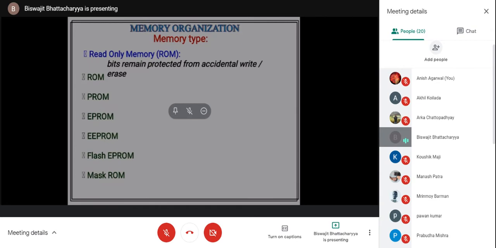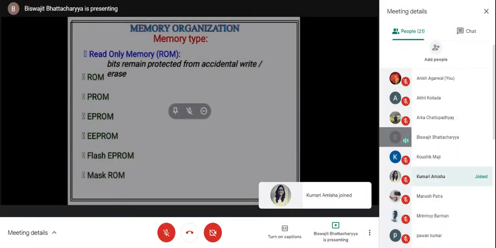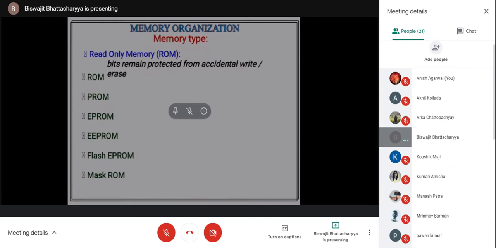These are given in the list: ROM, PROM, programmable read-only memory, EPROM, erasable programmable read-only memory, EEPROM or E squared PROM, electrically erasable programmable read-only memory, flash EEPROM, and mask ROM. Let us say some words for each of them.